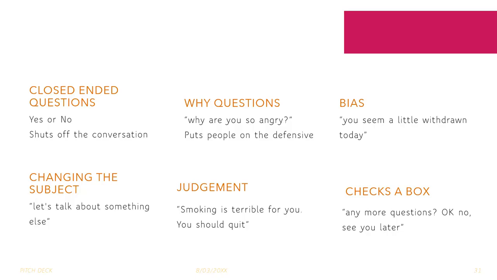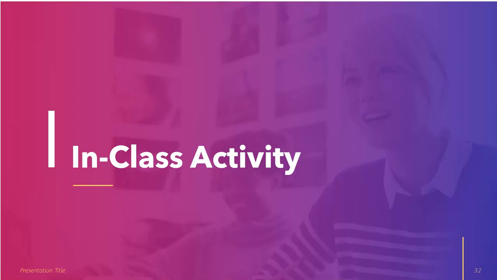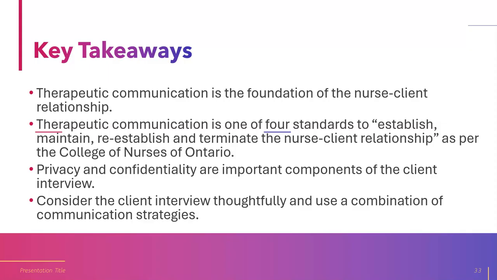The bias, you seem a little withdrawn today, and changing the subject: Let's talk about something else. The judgment: smoking is terrible for you, you should quit, right? You're judging somebody for smoking. And checking a box: So any more questions? Okay, no, see you later, right? So we would have done that activity.